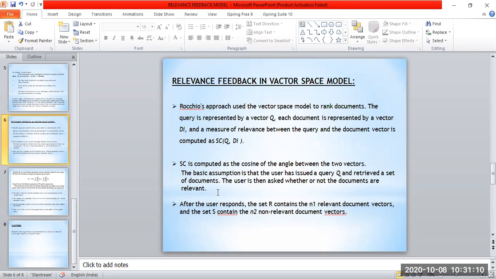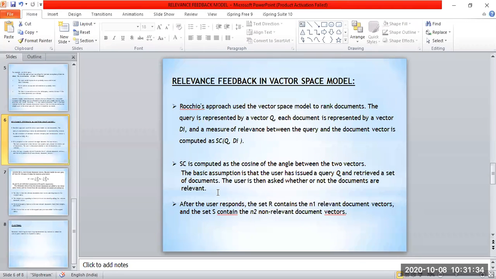That means finding the angle between the two vectors and deciding whether they are similar or not. Here we are simply treating the query and the document as two points, and deciding whether the two points are closer to each other or similar to each other or not.